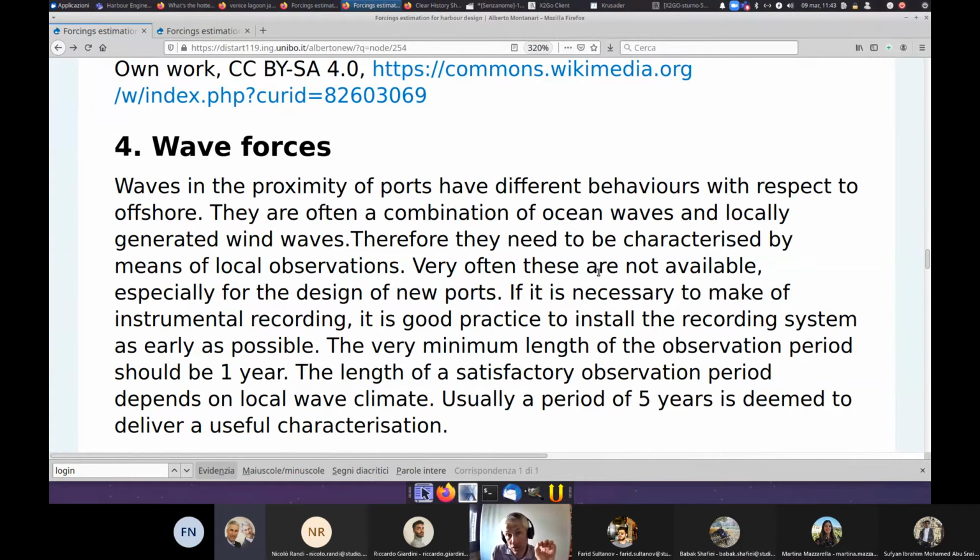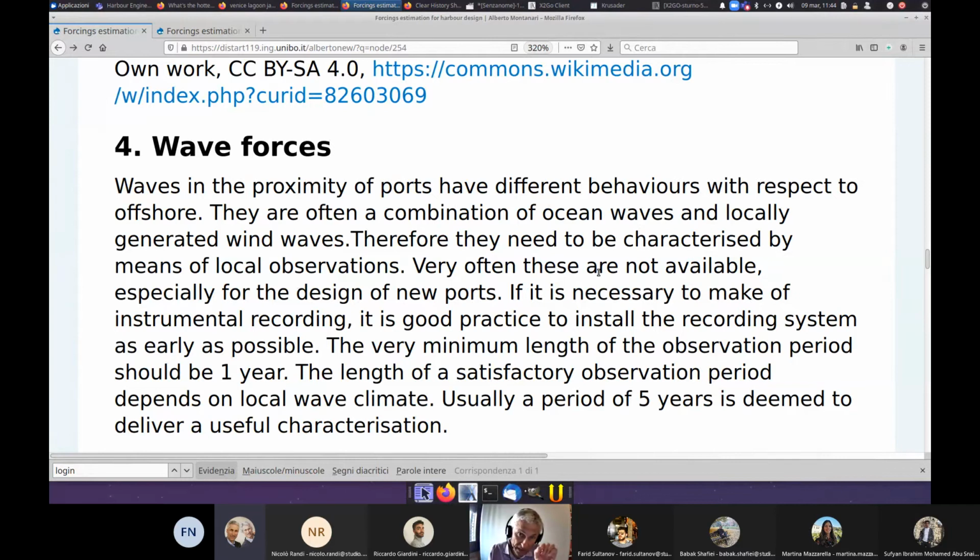Rigorously speaking, you need to collect observations for a period that should be as long as the period X, which means if I am designing a structure with an expected lifetime of 50 years, then I should refer to extreme conditions that may happen on average every 50 years at least.